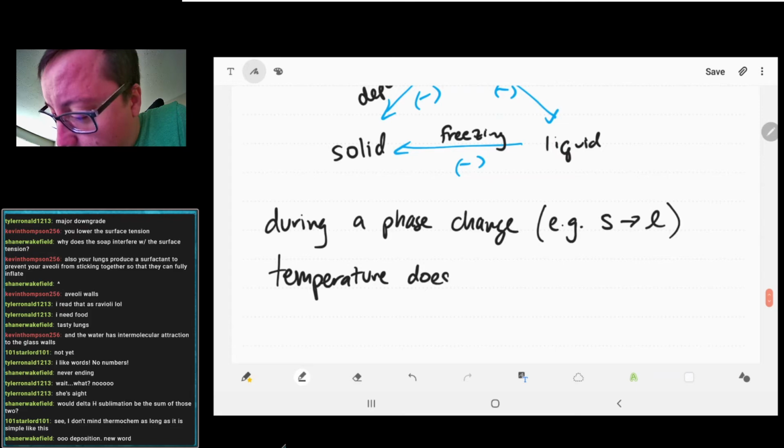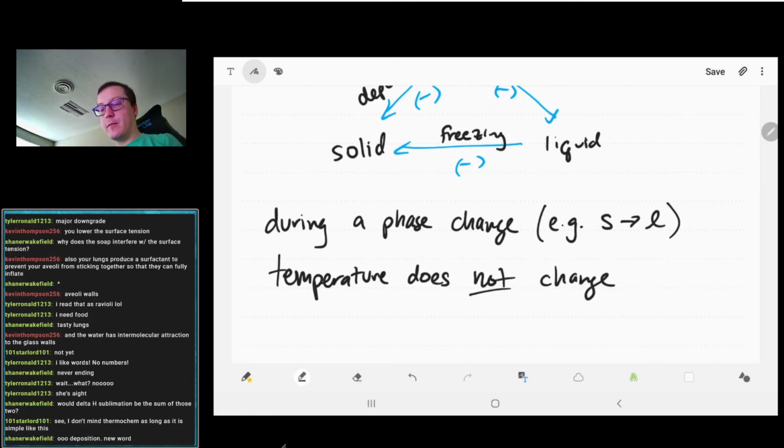So temperature does not change. While you are undergoing a phase change, your temperature does not change. That is a very important thing here.